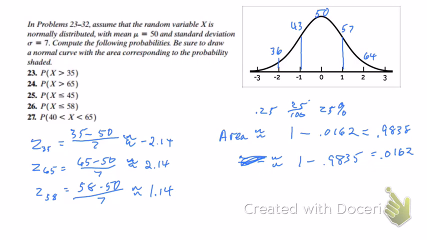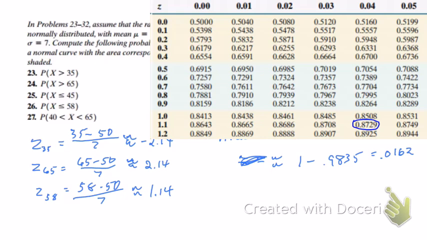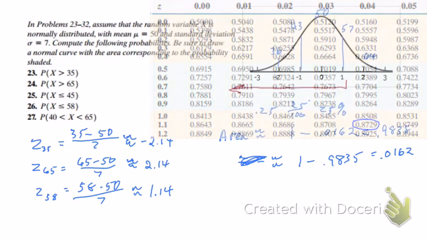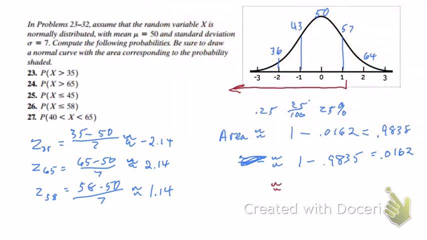So we're talking about now something from here back. So since I'm going to the left of that, I can just look it up in the table. So I'll find 1.14. And I'm getting 0.8729. So the area is, I just look that up directly in the table because I'm going to the left. We good?